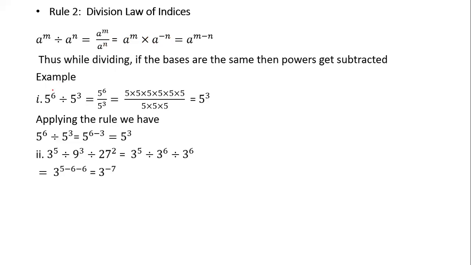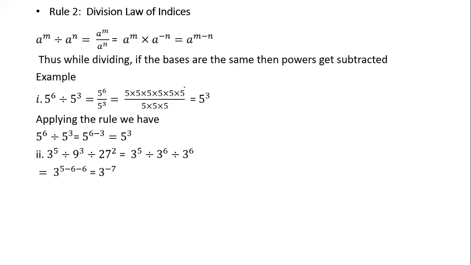For example, 5 power 6 divided by 5 power 3. If you go by the normal way of solving this, it is the same as multiplying 5 by itself 6 times over multiplying 5 by itself 3 times. So we have 5 times 5 times 5 times 5 up to 6 times, over 5 times 5 times 5, 3 times.